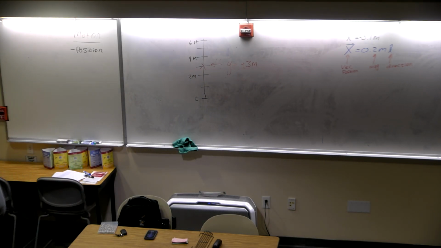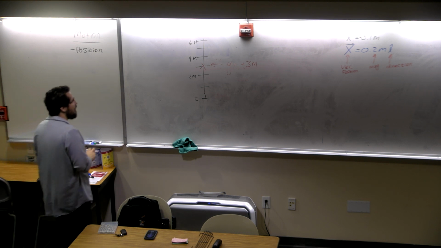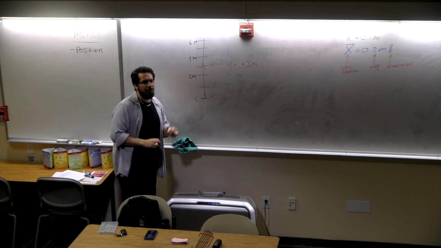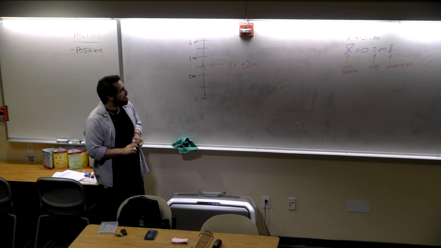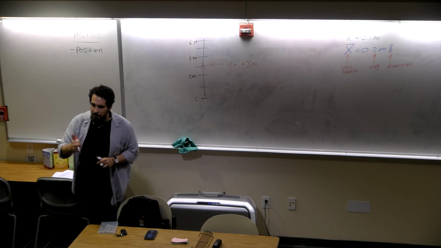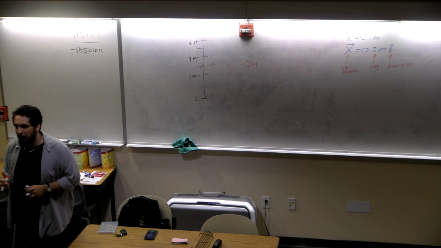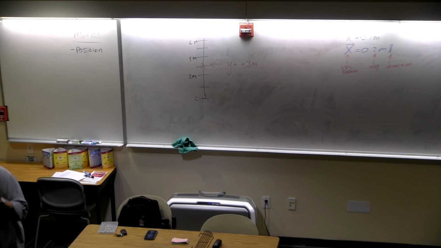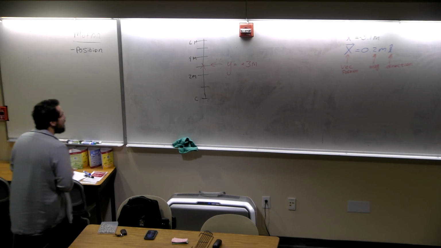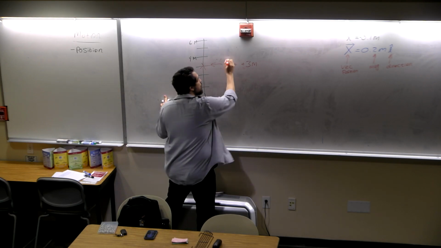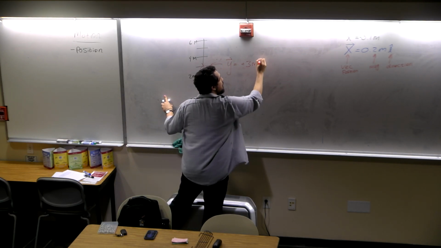Remember, j hat means vertical, up and down. I hat means horizontal, left and right. J hat means vertical, up and down. So if you see something that has a positional vector 2 meters j hat, that means the location will be right here at this blue mark. That would be the location. That sound good?